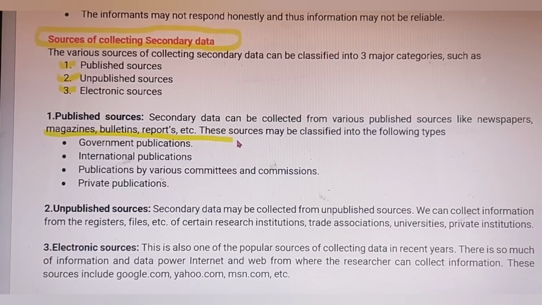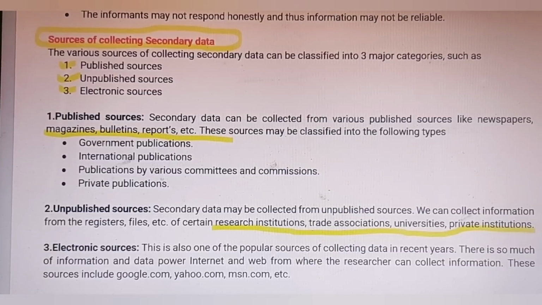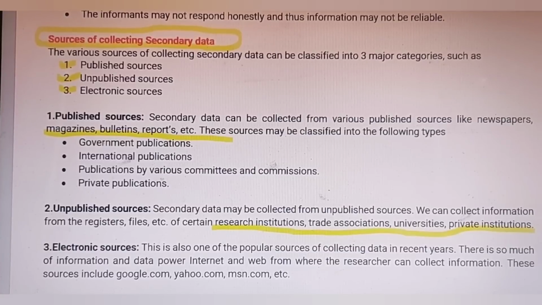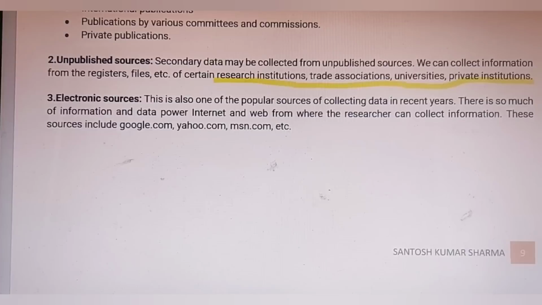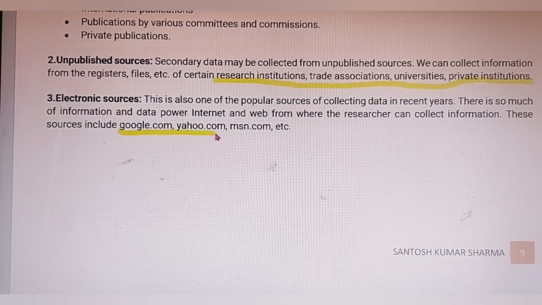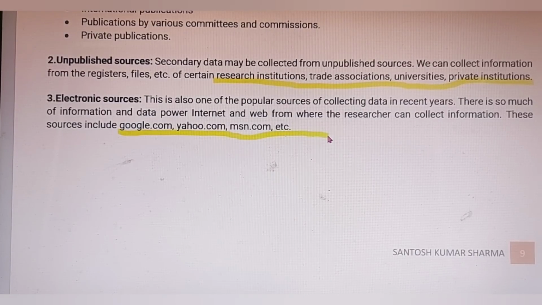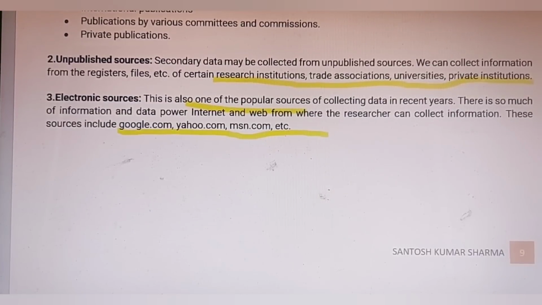And unpublished data is collected from research institutions, trade associations, universities, and private institutions, which are not yet published. And the last is electronic sources, that is the internet. This is one of the most important sources of collecting data, and we can use google.com, yahoo.com, all these sites from where we can collect a lot of secondary data.